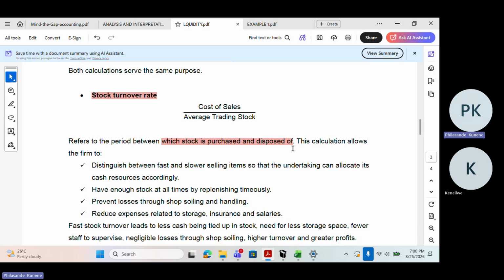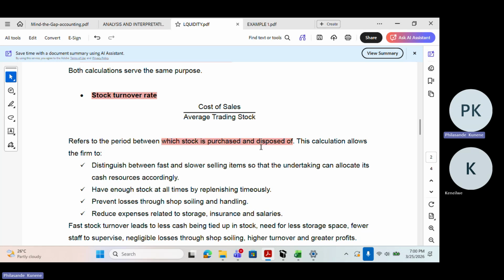The stock turnover rate indicates how many times we're replacing our stock on the shelves. Replacing it 5 times versus 10 times in a year, the 10 times one is better. So we're always expecting to see a big number with this one.